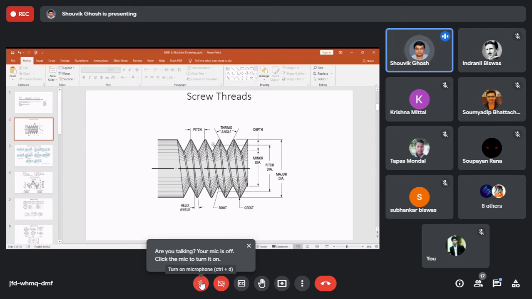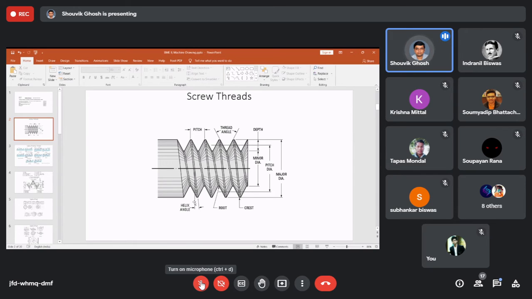So for a screw thread or a screw fastener, as we say, we also have the option to transmit power in any scenarios we require. Okay. In a screw, as the nomenclature of the screw goes, you can see this is called the helix angle.